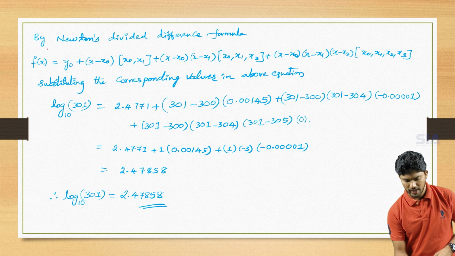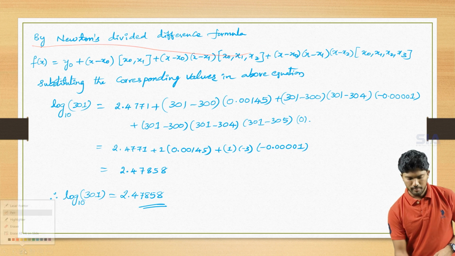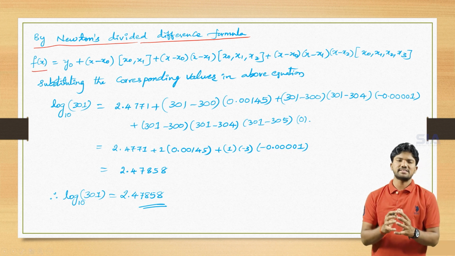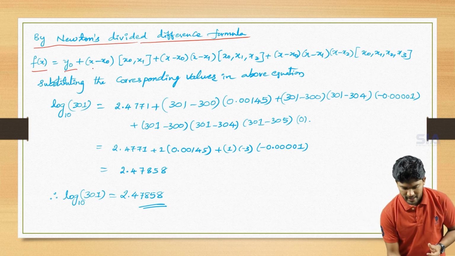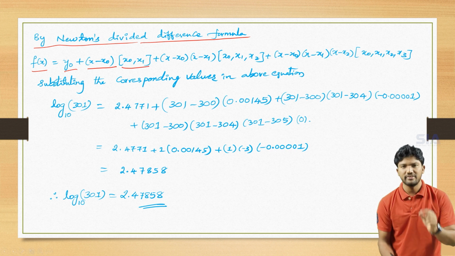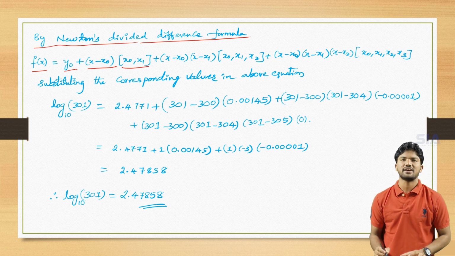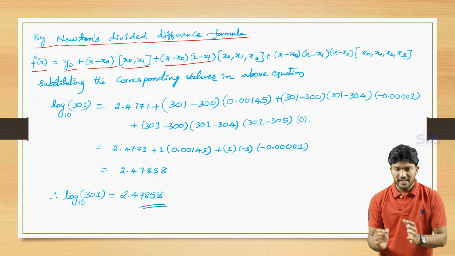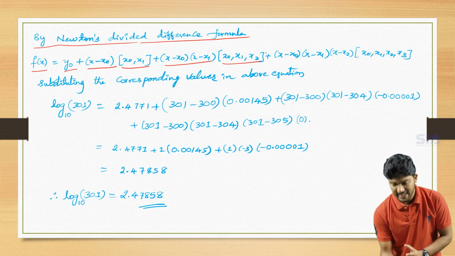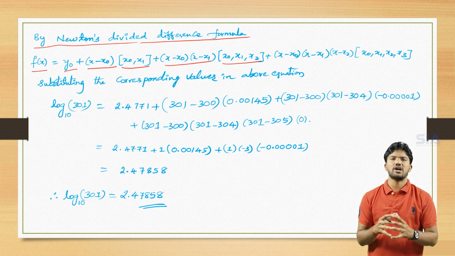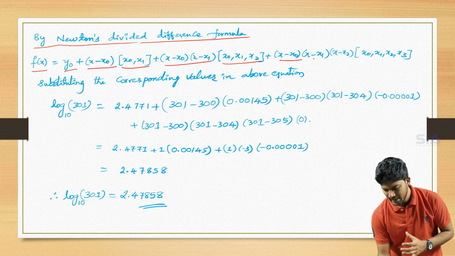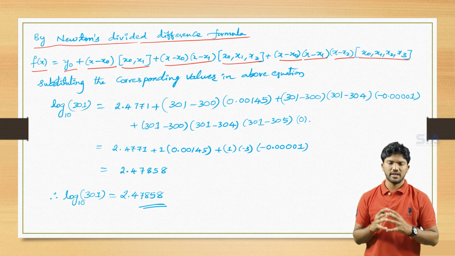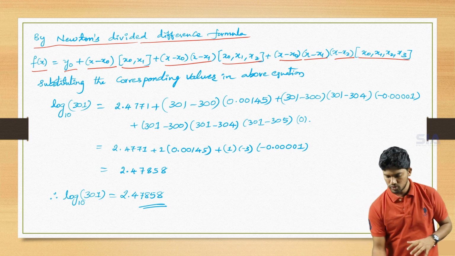What is the formula? f of x is equal to y0 plus (x minus x0) into the first divided difference, that is [x0, x1], plus (x minus x0)(x minus x1) into the second divided difference [x0, x1, x2], plus (x minus x0)(x minus x1)(x minus x2) into the third divided difference [x0, x1, x2, x3], and so on.